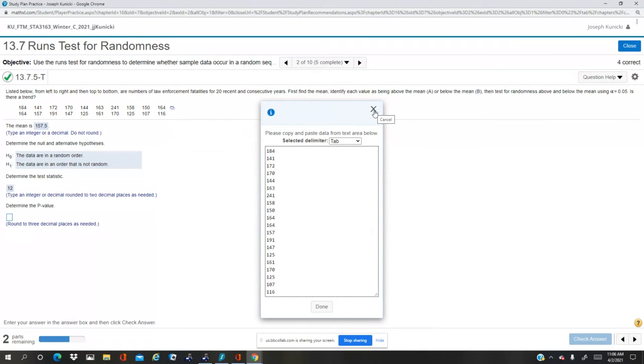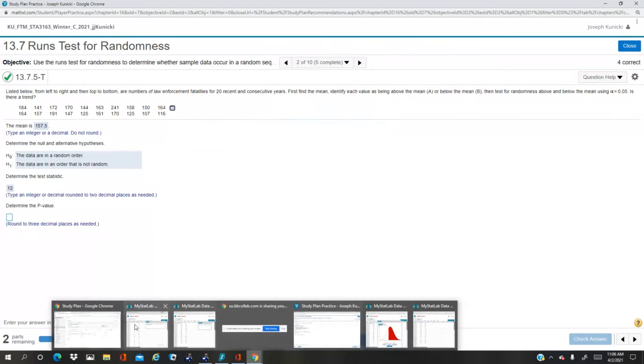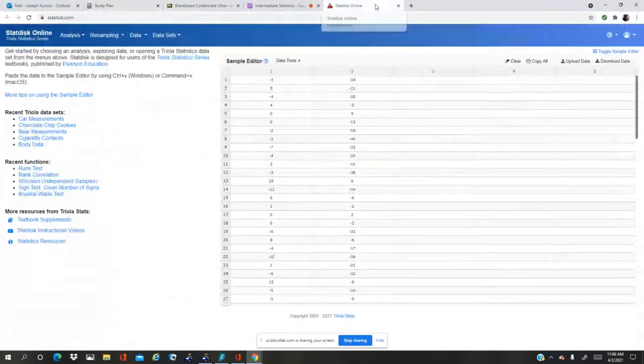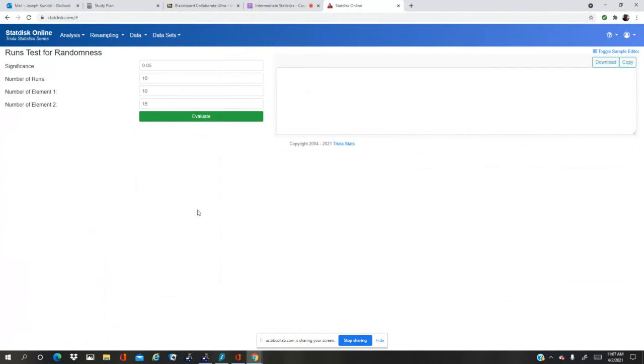StatDisk won't be able to help us. It doesn't work with raw data. That's the problem. It only works with summary data, if we give it the data we have.